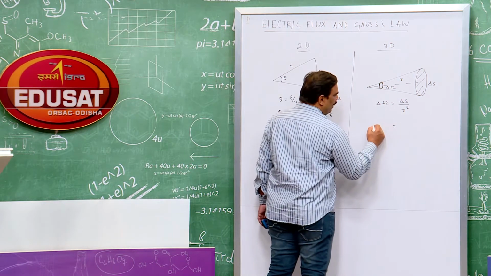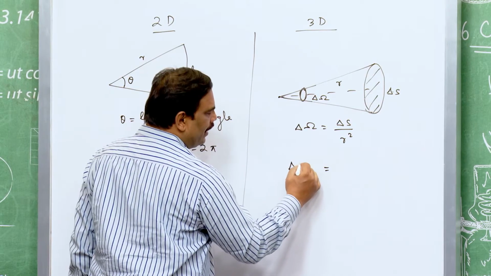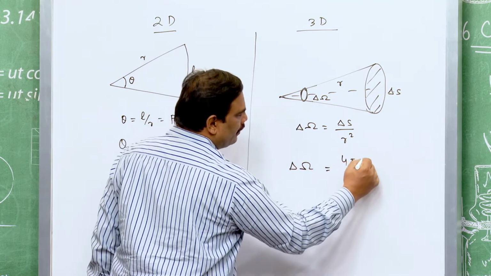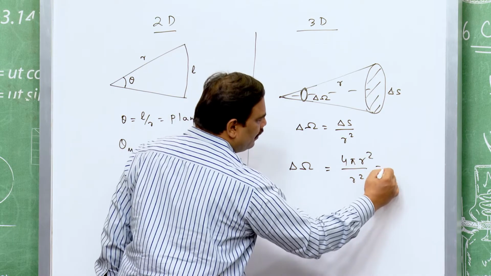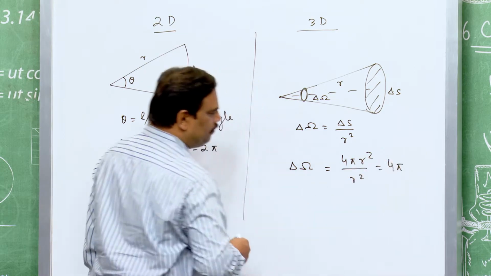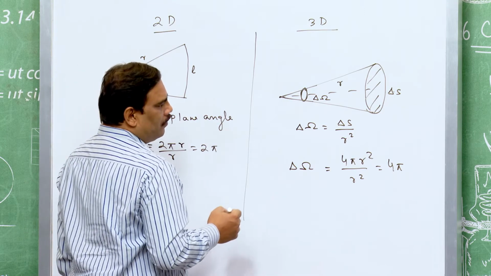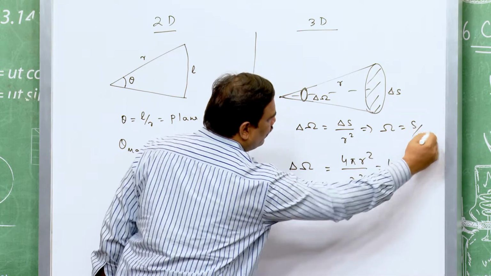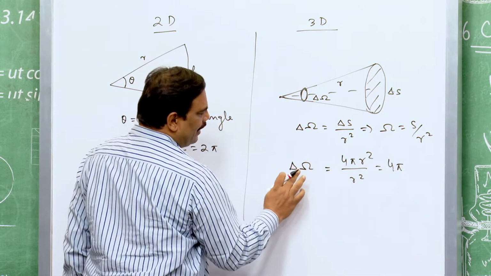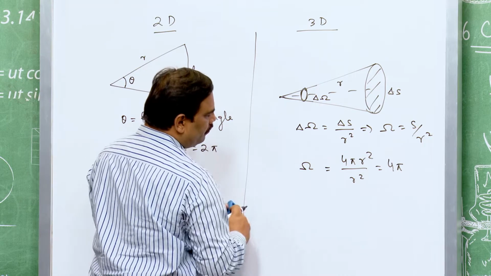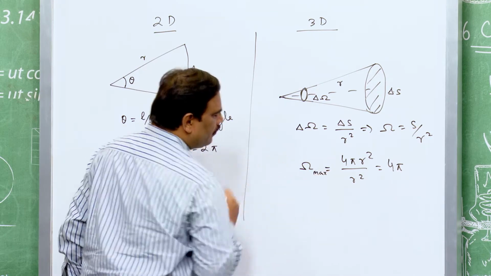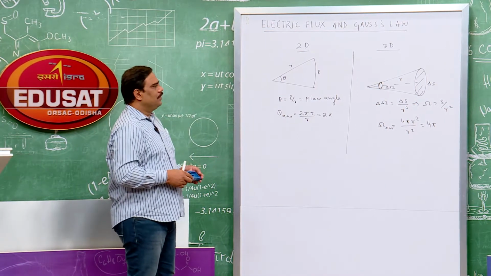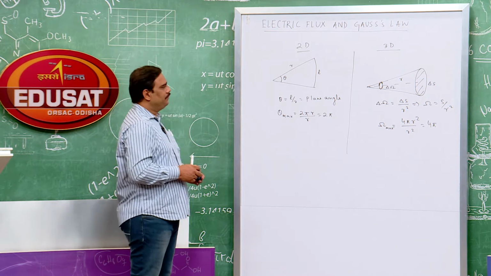So, the maximum value of delta omega is 4 pi r square divided by r square, that will give you 4 pi. Omega is S by r square. So, the solid angle about a point is equal to 4 pi.